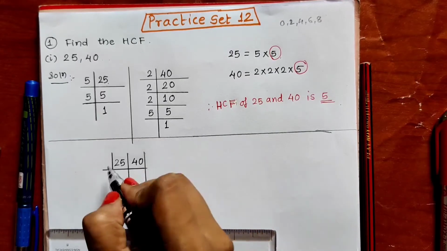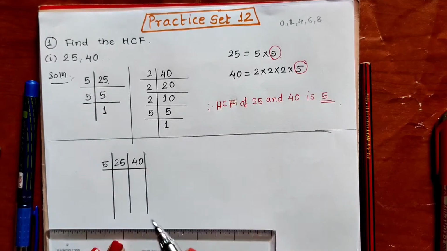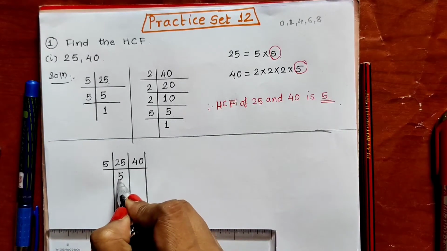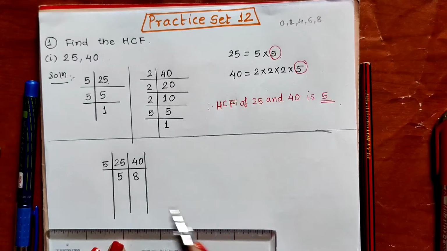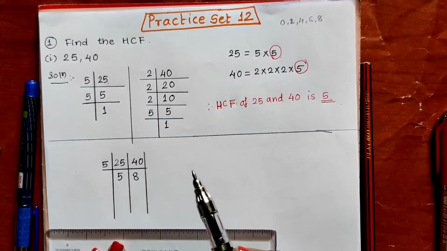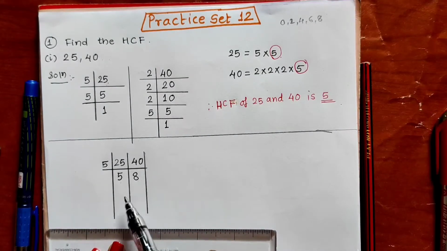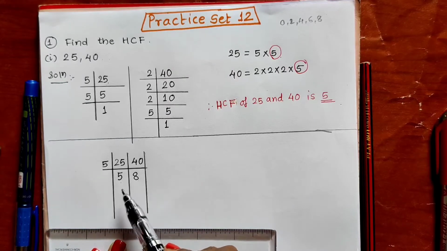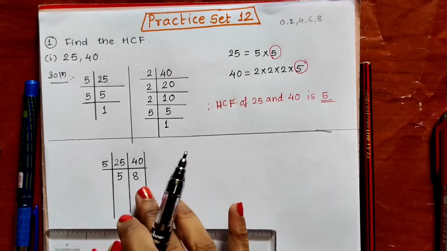So it is only by 5. So 5 fives are 25 and 5 eights are 40, we write here. Now 5 and 8, these two numbers are not divisible by any other number. That means there is no common factor except 1. These two numbers are divisible by 1 only, which is the common factor.